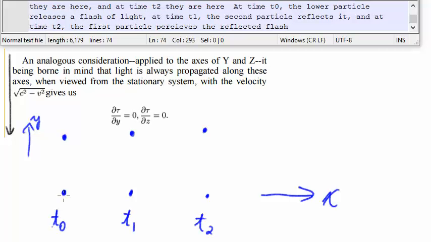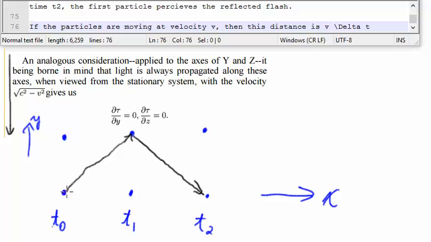At time t0, the lower particle releases a flash. At time t1, the second particle reflects it, and at time t2, the first particle receives the reflected flash. If the particles are moving along at velocity v, then this distance is v delta t, and so is this distance.